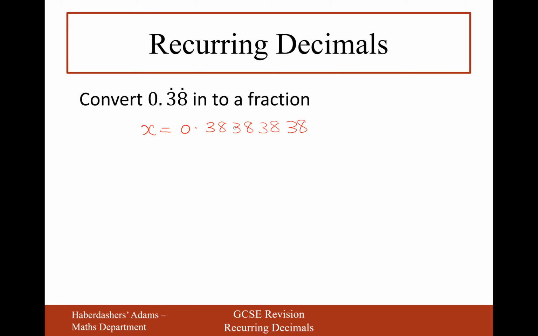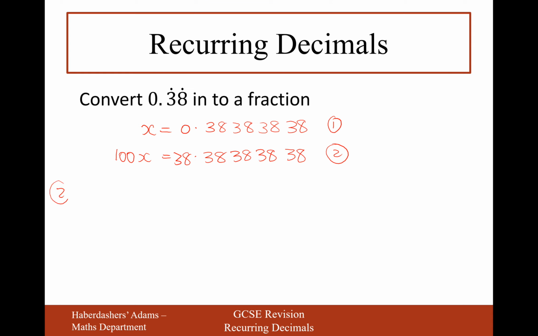And if I want it to move up 2 positions, then I'm going to have to multiply by 10 twice, or 100. So when I move everything up 2 decimal places, or 2 positions in the number system, it's going to be 38.38383838.